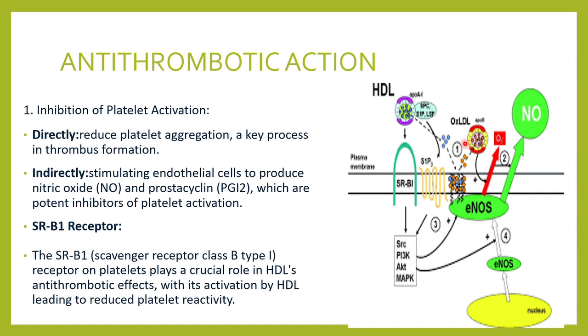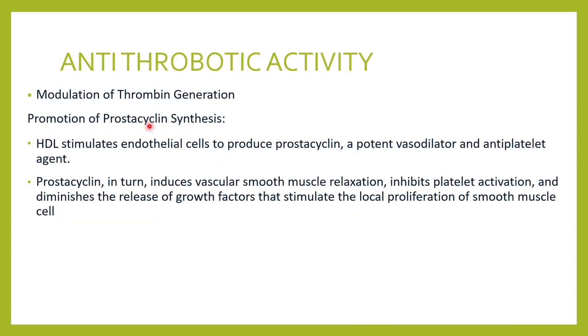And indirectly, how it does this anti-thrombotic property is it will release this nitric oxide, and this nitric oxide is the one which causes vasodilation, and also the prostacyclin I2 which is released, which are the platelet activator inhibitors. It will also modulate the thrombin generation, and it will help in the synthesis of this prostacyclin, which again inhibits the platelet aggregation.